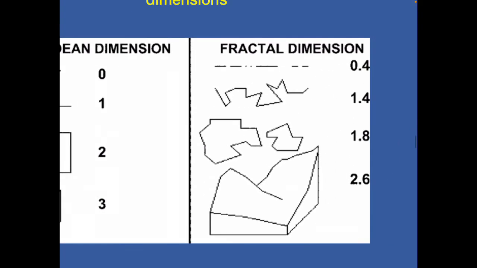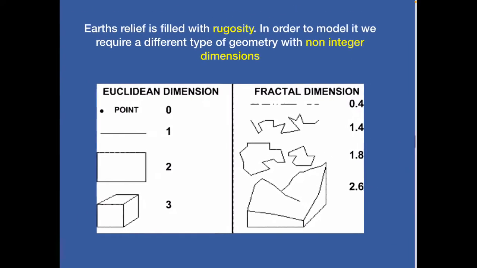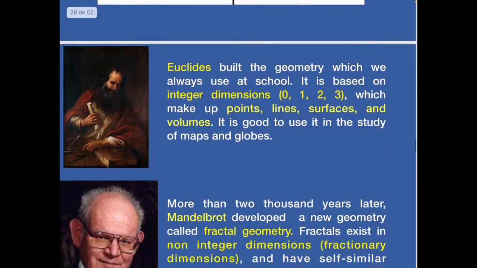This point something is what is allowing me to get into the small little details and actually be able to model rugosity. If I wouldn't have these numbers after the decimal point, then I would only be seeing lines, surfaces, or volumes, but I wouldn't be able to see all the details, all the rugosity. So, this is the main difference.